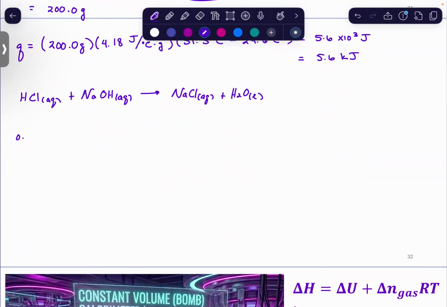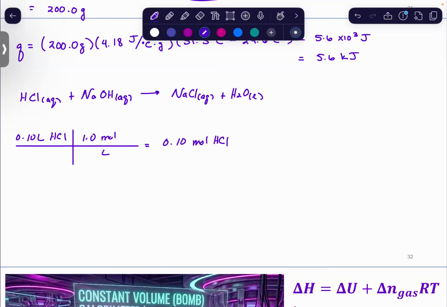Okay, so 0.10 liters of HCl, a mole per liter, is going to equal 0.10 moles of HCl.